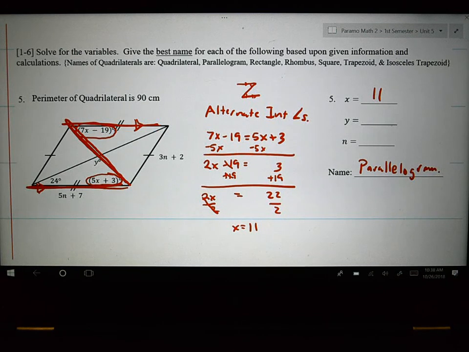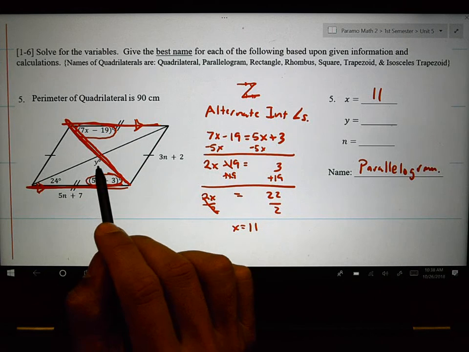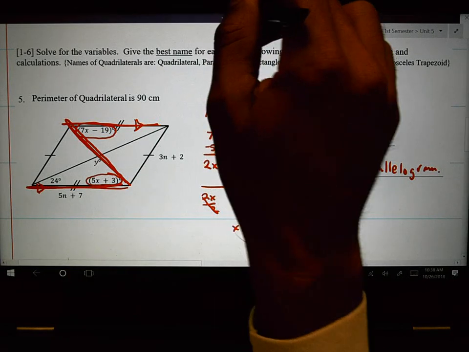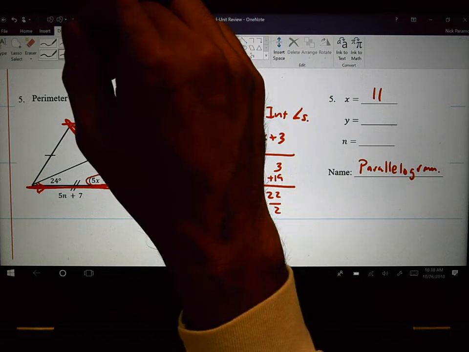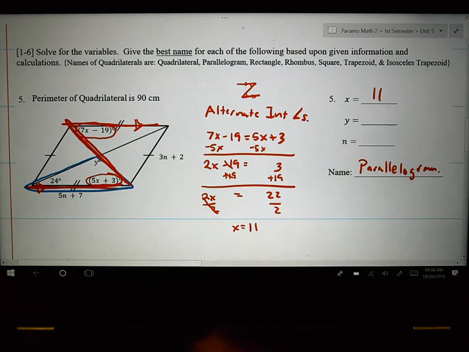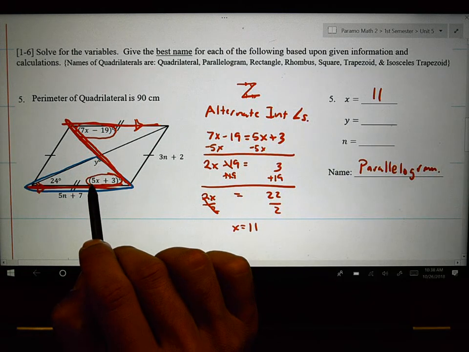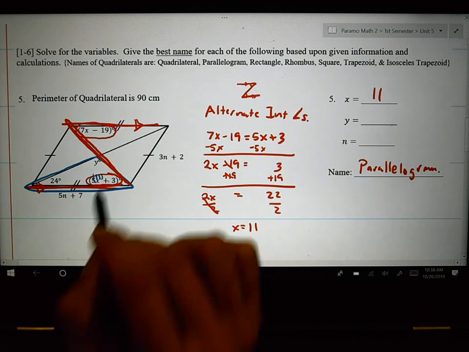Next thing, we need to figure out what y degree is. And so here's what I have to use. I'm going to use a different color here. I'm going to switch over to blue. And I'm going to look at this triangle. I know what x is, so I can actually figure out what this angle is. 5 times 11 plus 3.